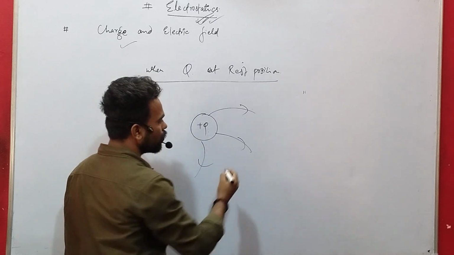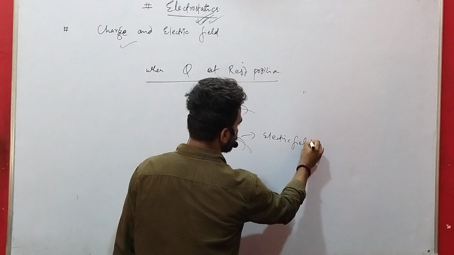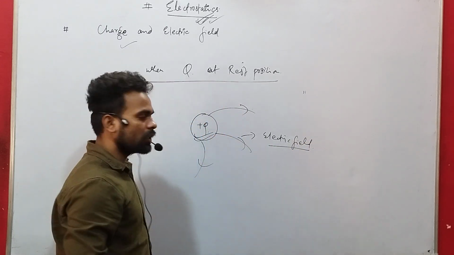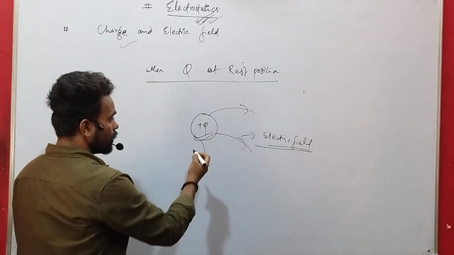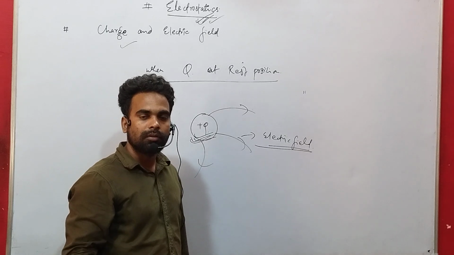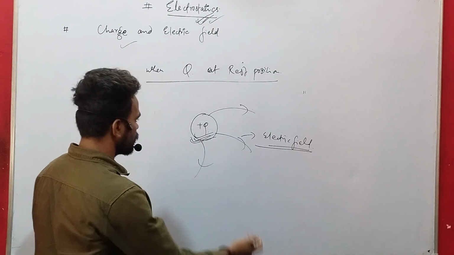This field is known as the electric field. Because charge is an electric property, it is named an electric field. It is the electric field at rest position, not in motion. We are studying the electrostatic, rest property of charges.